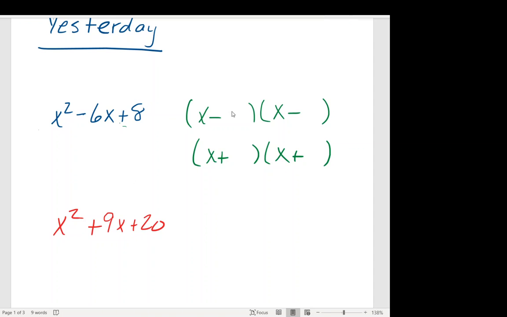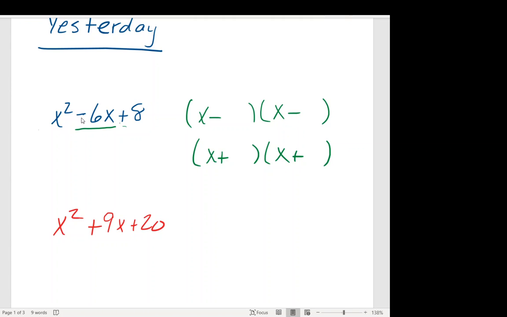First of all, think, would it be x minus or x plus? Hopefully you're looking at this right here and you notice that the sum of the factors of 8 is going to have to be negative, so the only way to get a negative would be if you are working with two negative factors.